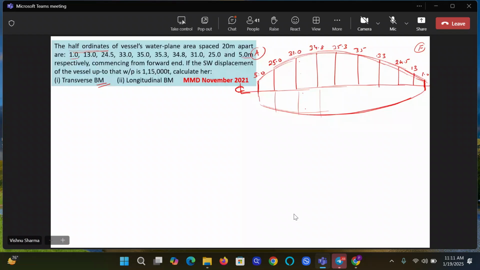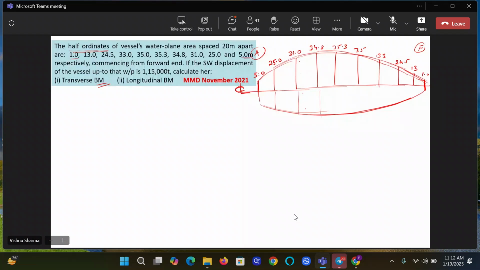But the question here would be about which axis are you getting it if you are using full ordinates? Can you write center line as the axis? No, sir. How can you write center line as the axis then if you're taking full ordinates? Tell me.